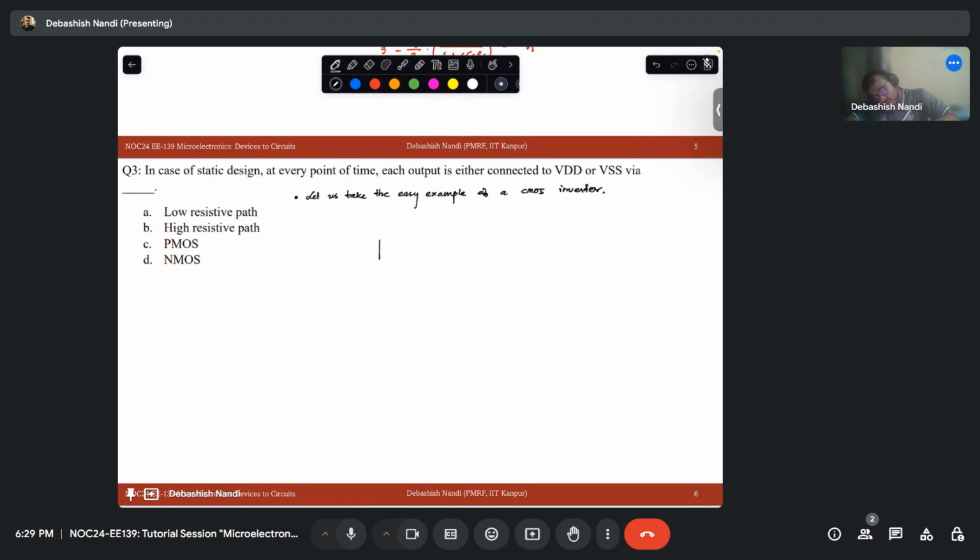So what is the circuit diagram, if you remember? This is connected to your VSS, this is connected to your VDD, this is your V out, the gates are connected in this fashion, and this is your V in. Fine.